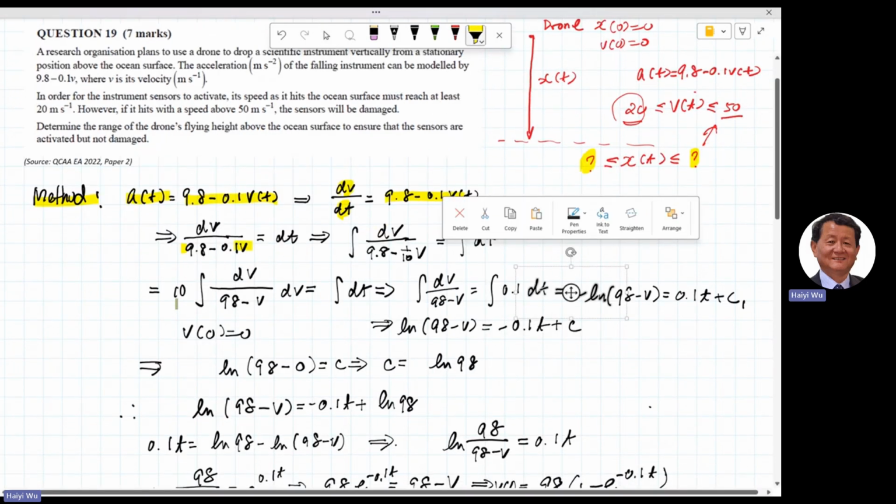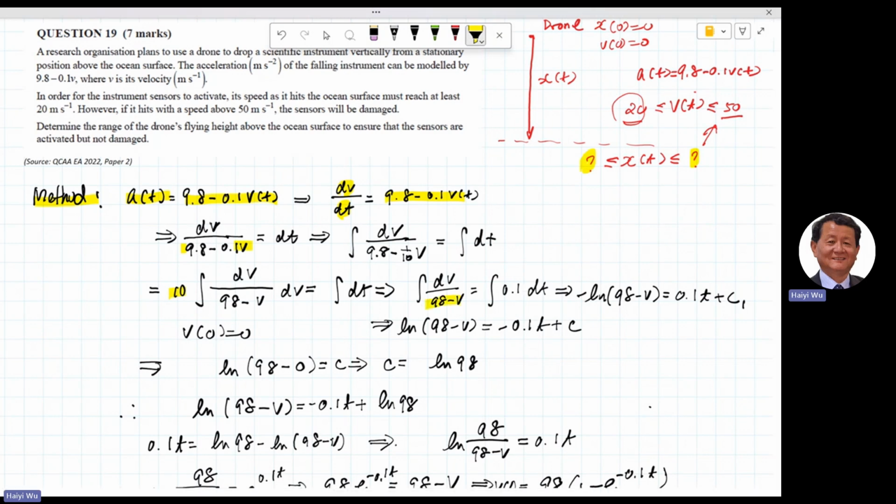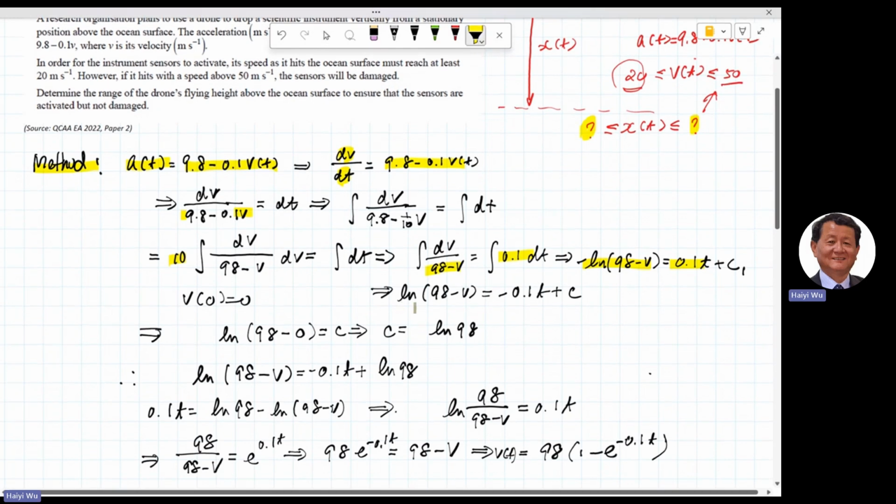I'm going to times by 10 both sides, so I put 98 minus V equal to 0.1 T. Then integrate both sides. Now we have the formula: log 98 minus V equal to negative 0.1 T plus C.